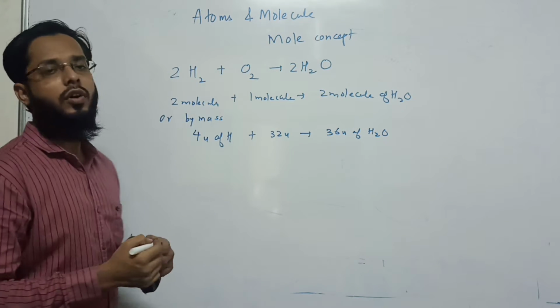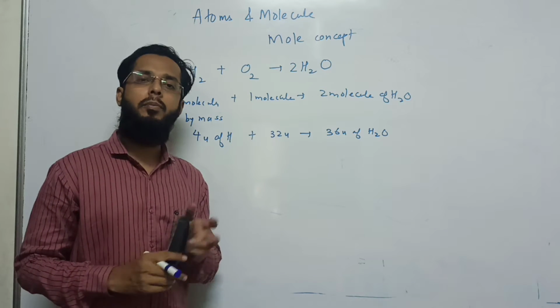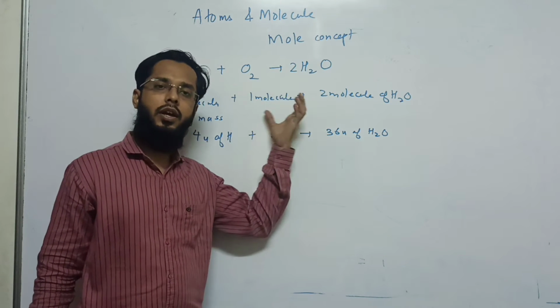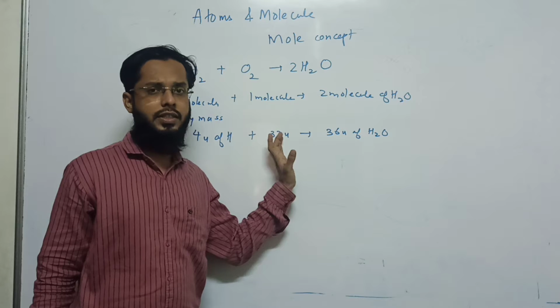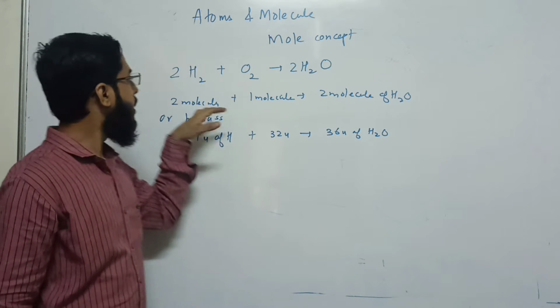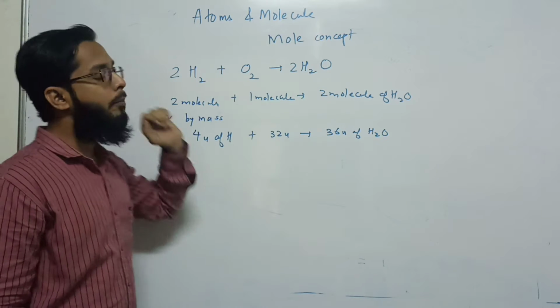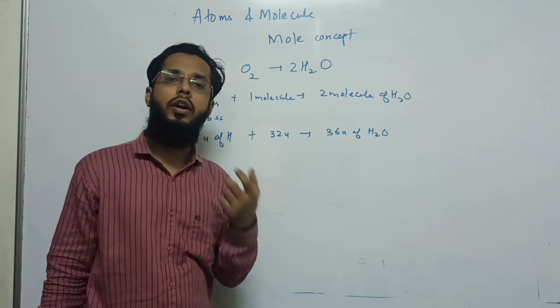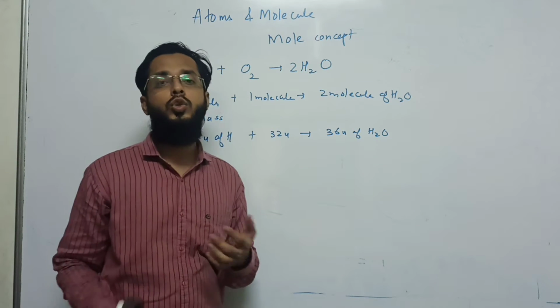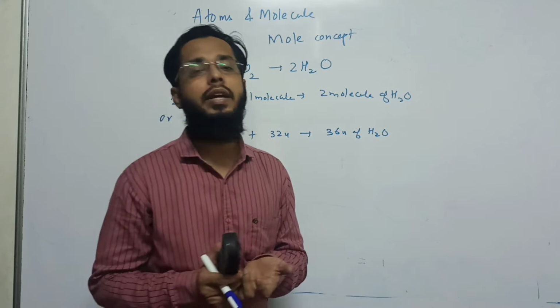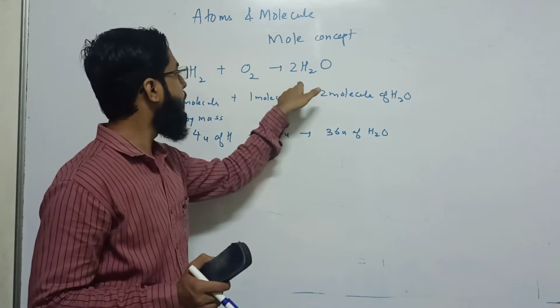So either we can represent this reaction in terms of molecules, or by mass. But in a chemical reaction, we see the number of molecules taking part directly, so it is the best way to represent it in terms of molecules.